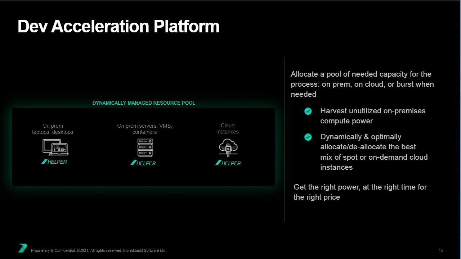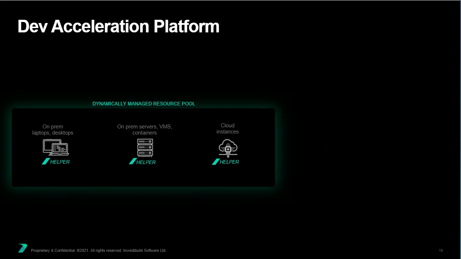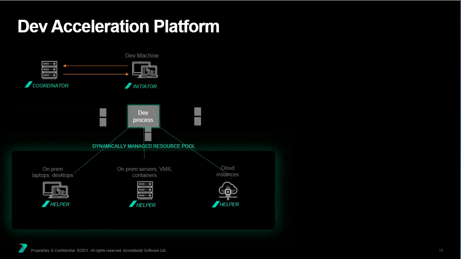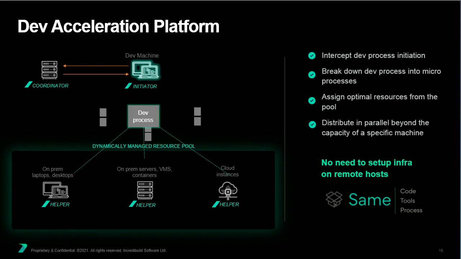Now, let's see how this works with what we said in the beginning, which was first allocating that compute power, and now we're breaking that down into the microprocesses. So what we have here on a dev machine is our initiator, which will then speak to the coordinator, which will then decide what we need to take in that dev process and break that down and spread those across in parallel.